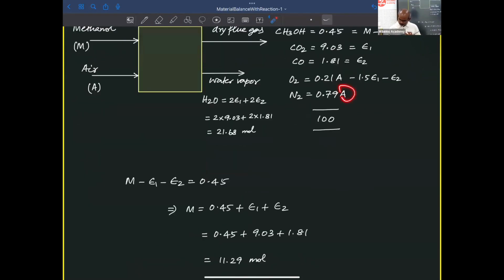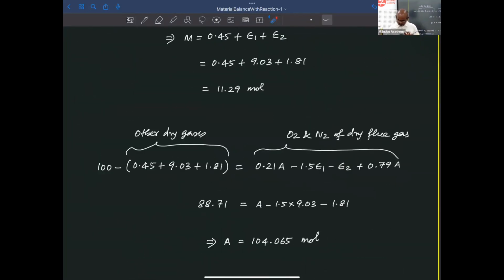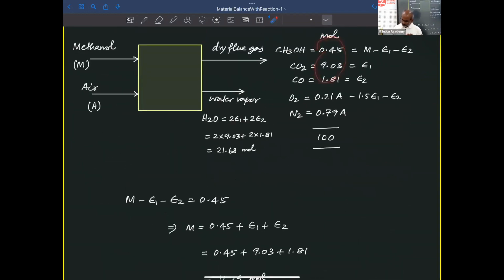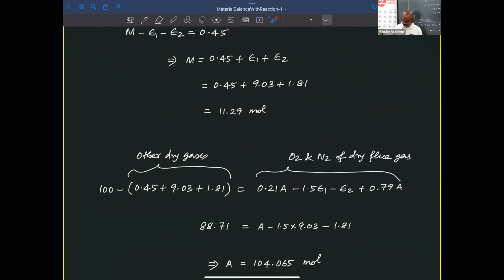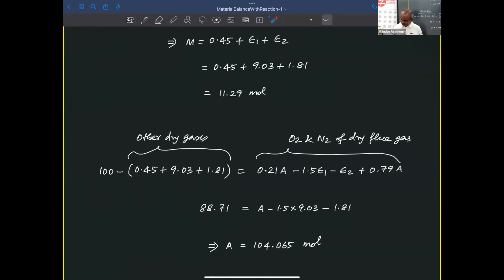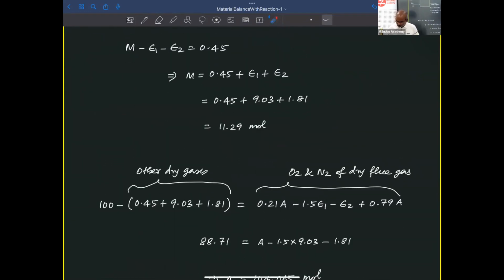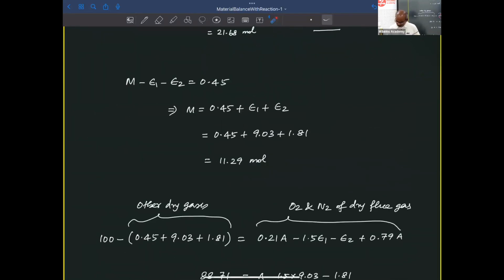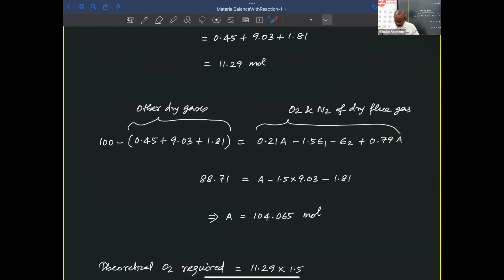Next, we are going to solve for A. For that, we have these contents plus these two contents equal to 0. That is what is given: 100 minus these is simply equal to these two contents. That is what is written here, so this is for O2 and this is for N2. Together, we are now able to get this A, and E1 and E2 are already available.